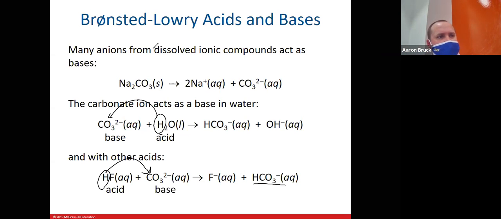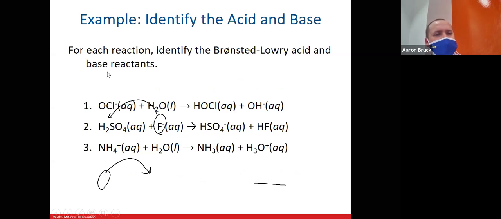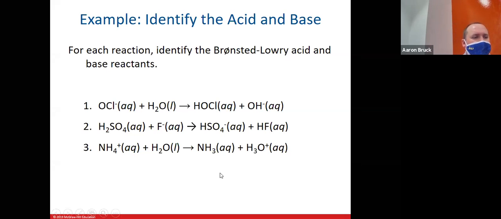Let's wrap up today by doing a little bit of identification. All that we want to do is, for these three reactions, identify the acid and the base. So in number one, I've got OCl minus and I've got water. Now, one way that I can do this is I can find the matched pair.